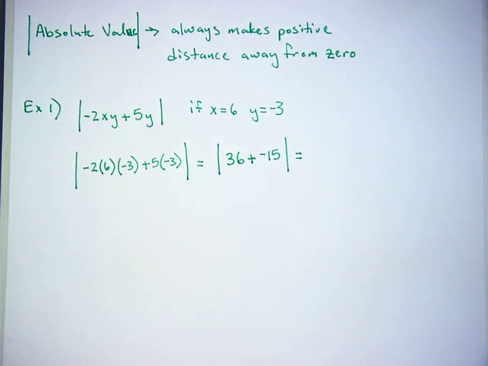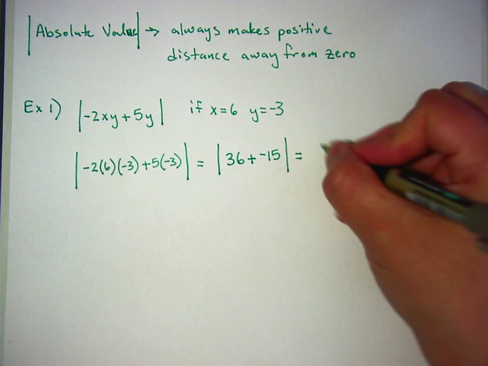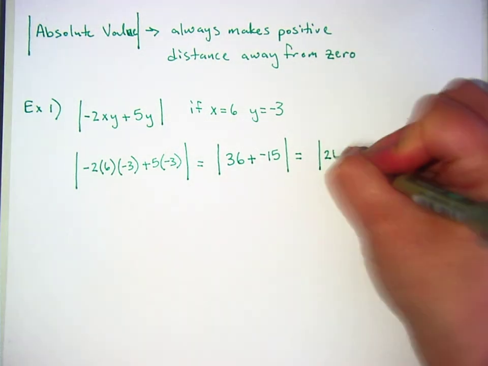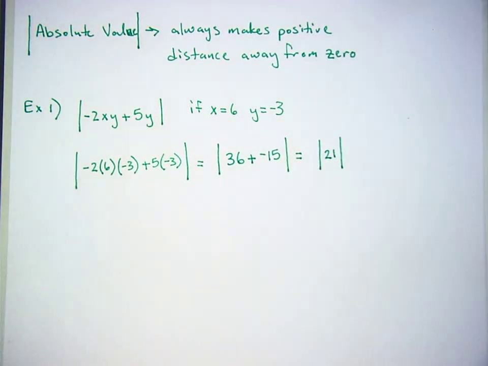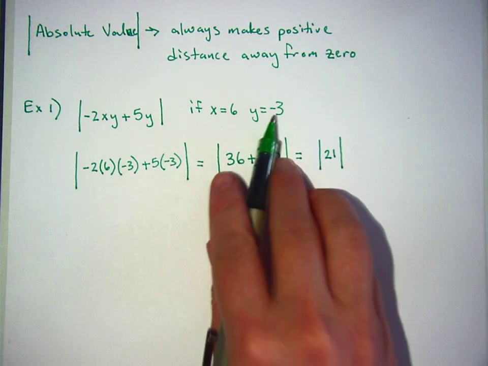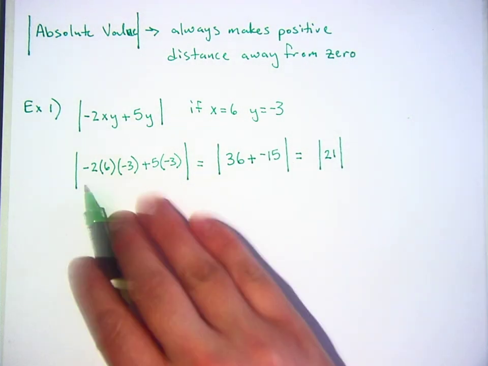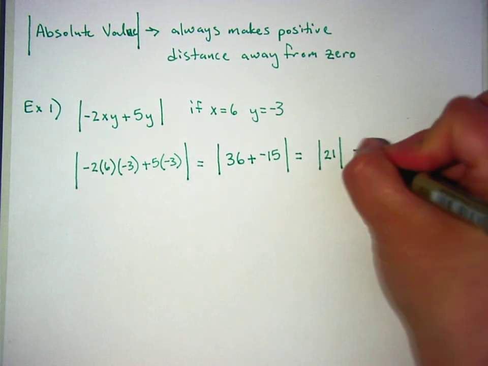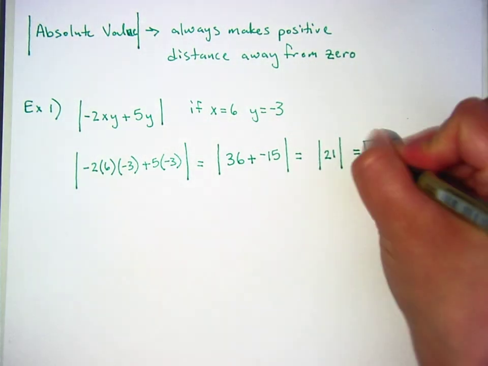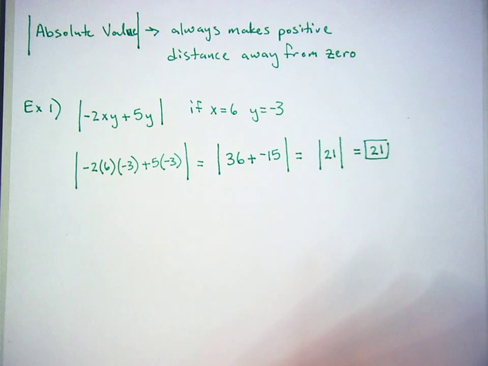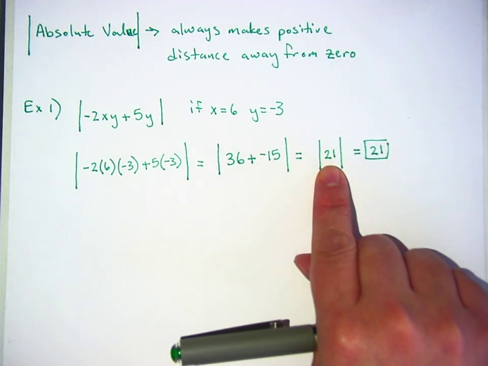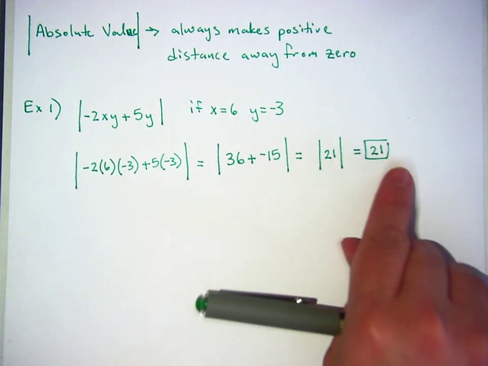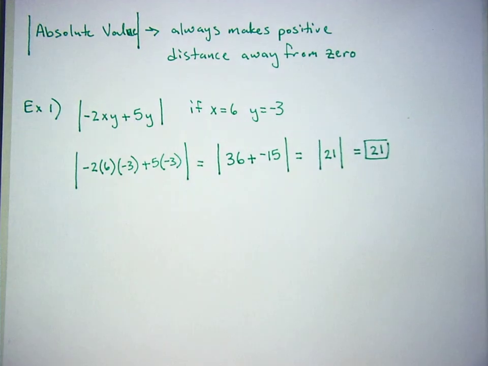That would be 21. So now I've got the absolute value of 21. Notice that I did all of the math first. I didn't change this -3 into a positive because it was in there. I did all the math first. Then absolute value makes it positive or keeps it positive, so it's still 21. If the answer in here, when I finish it all, had been -21, then at the end I would have turned it to a positive 21.